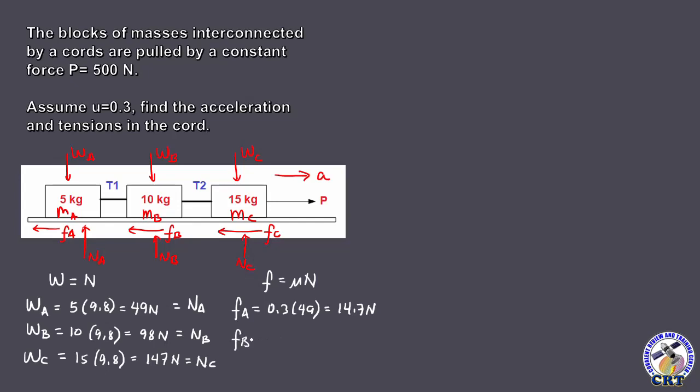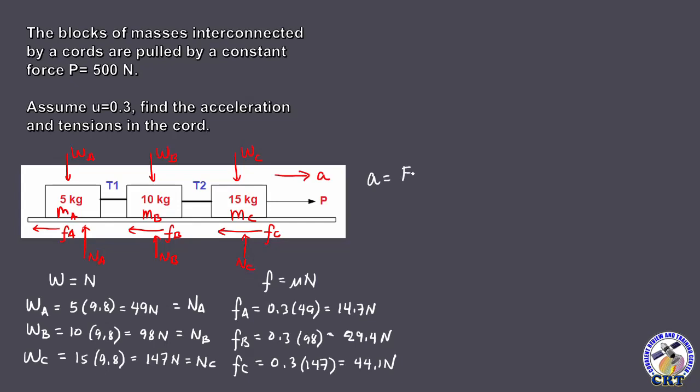While FB, this is 0.3 times 98 newtons, equivalent to 29.4 newtons. FC equals 0.3 times 147 newtons. This is equivalent to 44.1 newtons.